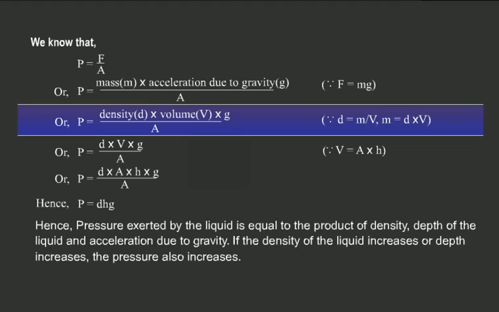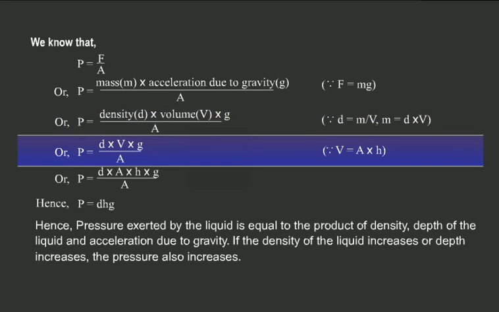Since density is equal to mass by volume, mass is equal to the product of density and volume. So we write the relation as P equals D into V into G divided by A, where P stands for pressure, D stands for density, V stands for volume, G stands for acceleration due to gravity, and finally A stands for area.